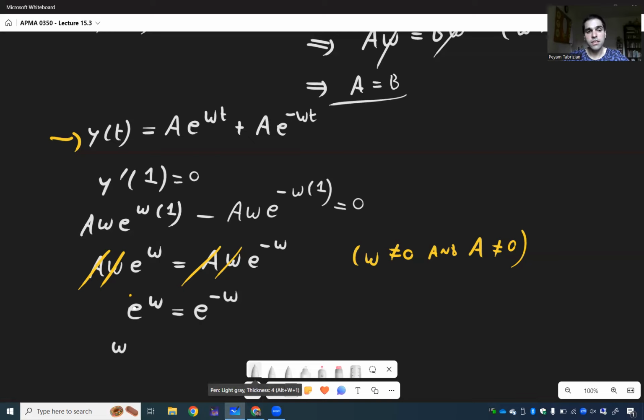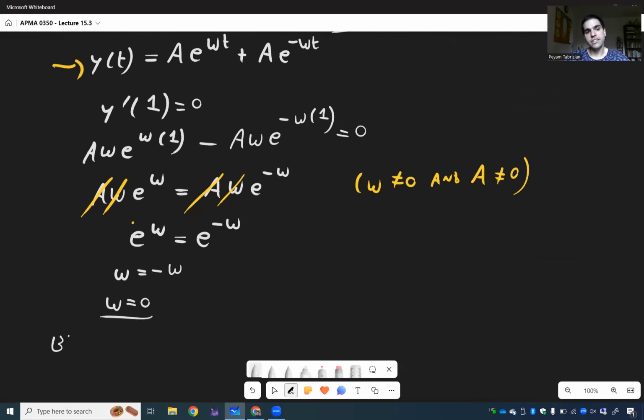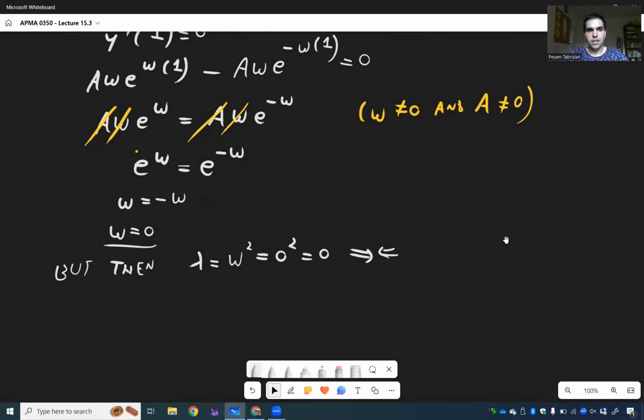Then take logs, you get omega is minus omega, and this gives you omega is 0, which once again is a contradiction because then lambda is omega squared, which is 0 squared, and that's 0. Because remember, we assumed lambda was positive. So what is the conclusion? In this case, no non-zero solutions.